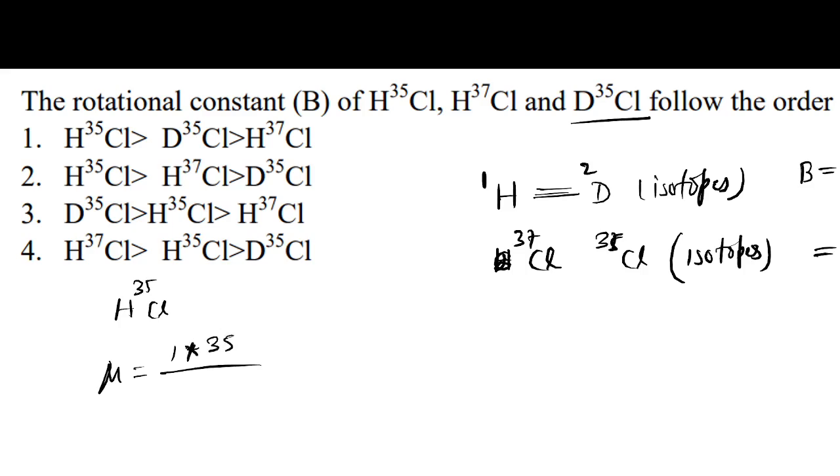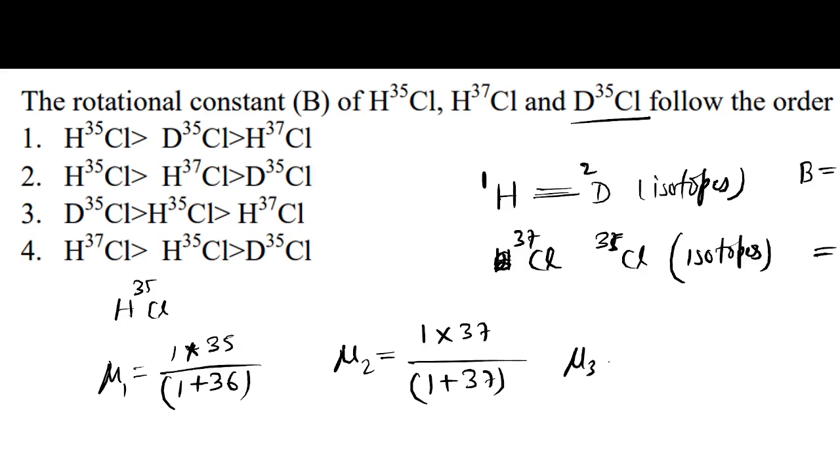And for the second case, I will say mu1, mu2: 1 and 37, and mu3: 2 and 35.